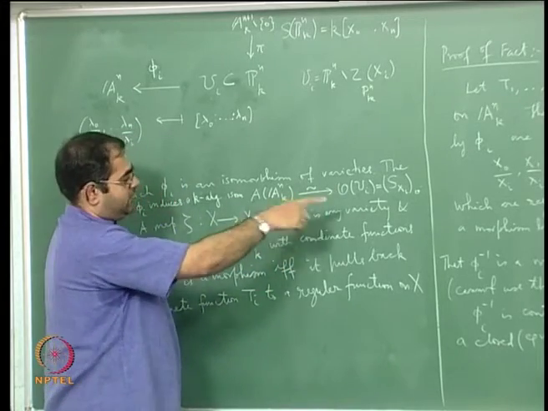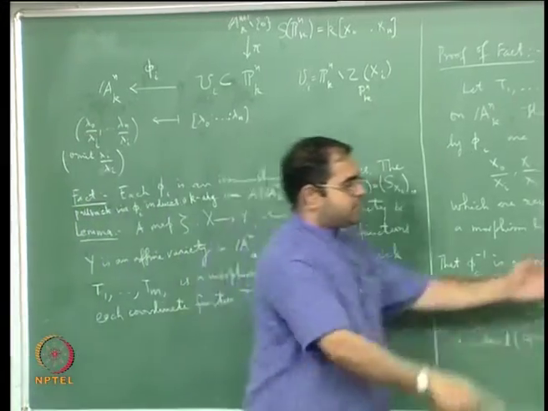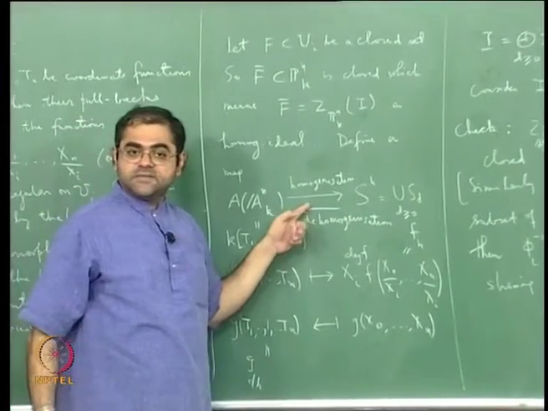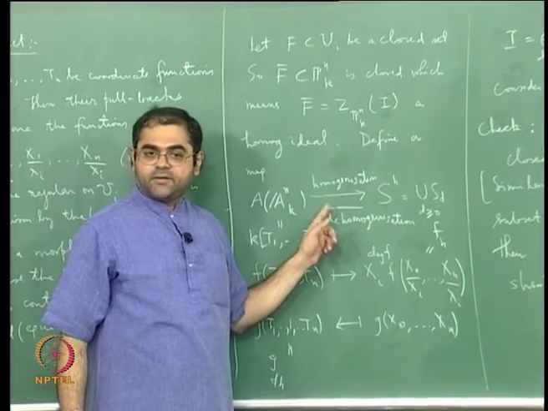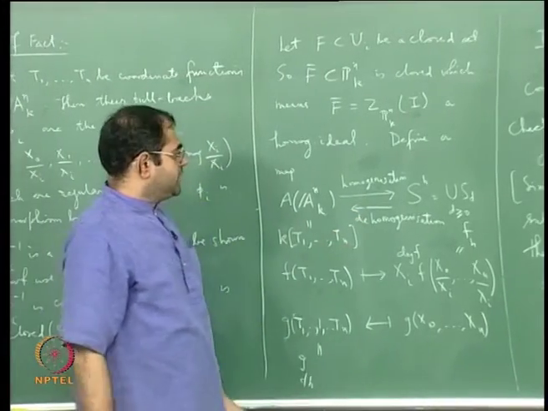And this map, and its inverse as you can check, is also described in terms of homogenization and dehomogenization. You can write it down. So with that I will stop.